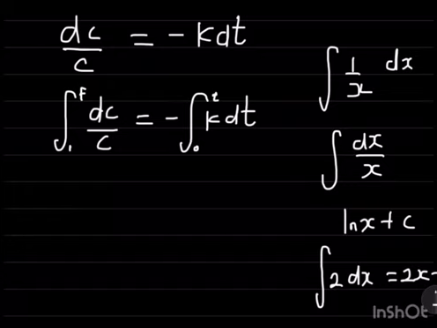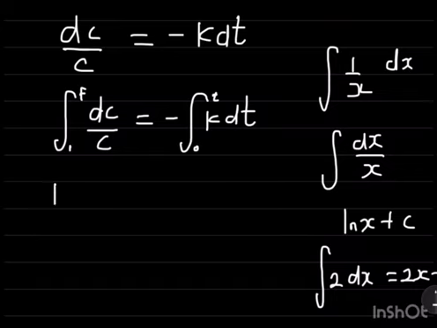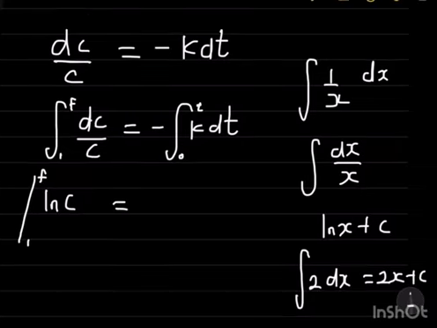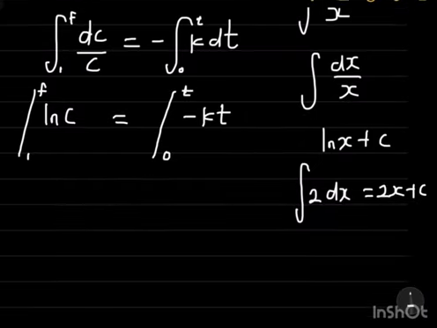So therefore we have ln C, as C is changing from initial state to final state, equals the integral of minus k dt, which is minus kt, as t is changing from time 0 to time t in the future. We have lower boundaries and upper boundaries.